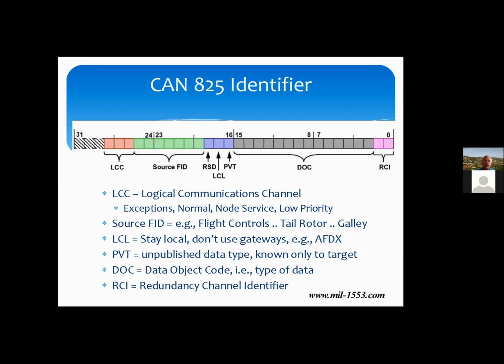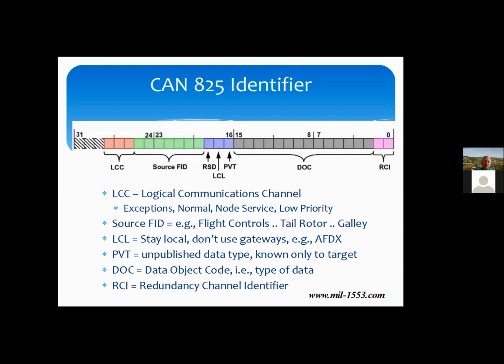And then you've got the data object code, which is the large field, which tells you what kind of data we're talking about. Are we talking about altitude or longitude or oven heat or number of liters of gas in the tank, etc. And that is the most important field for the receiver to use to understand what he's getting.